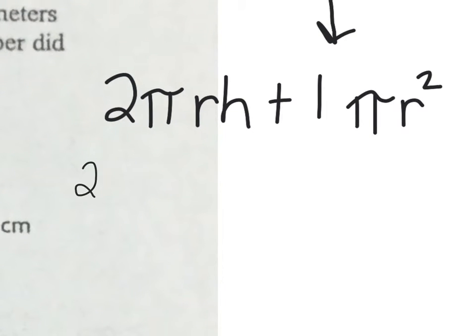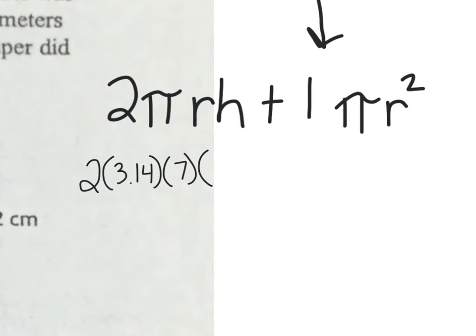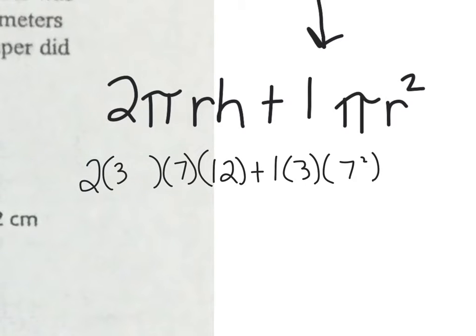We got 2 times 3.14 times 7 times the height, which is 12, plus 1 times, oh, sorry, we're going to use 3, times 3 times 7 squared. So we got to go back, and I'm going to take this out, because it said to use 3 for pi. There you go. All right.